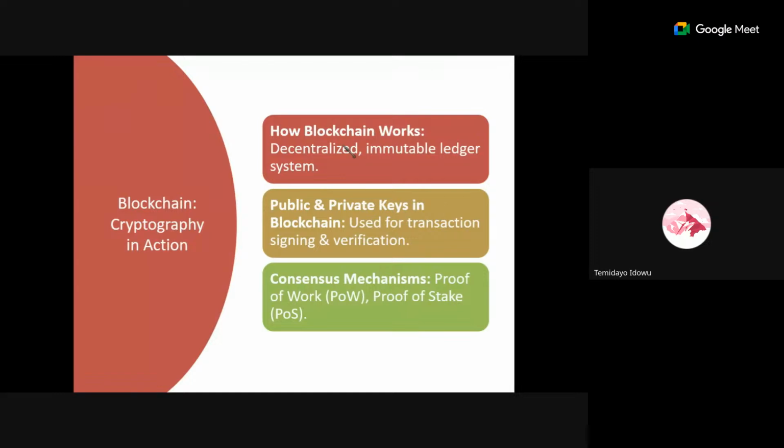There is nobody in charge. Blockchain is just like having multiple systems all over the world in different locations signing transactions. So if I want to send, let's say, Bitcoin to Blessing, immediately I initiate the transaction, there are multiple systems verifying and signing the transaction.